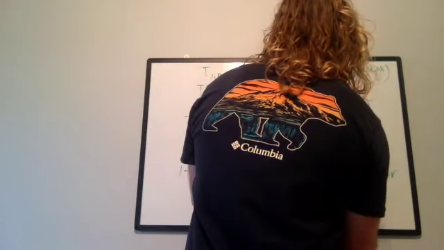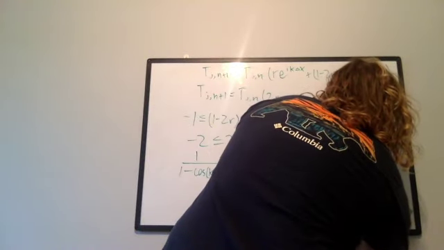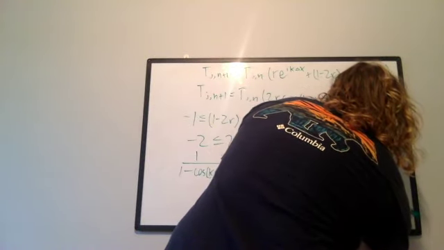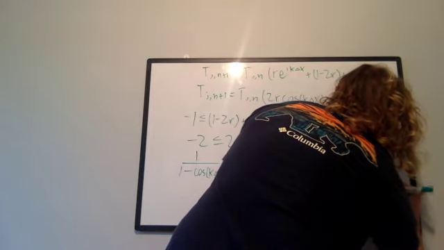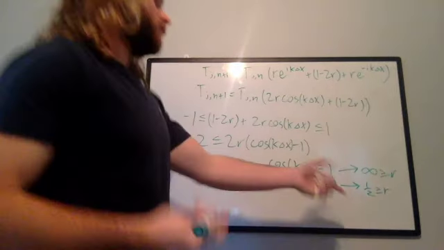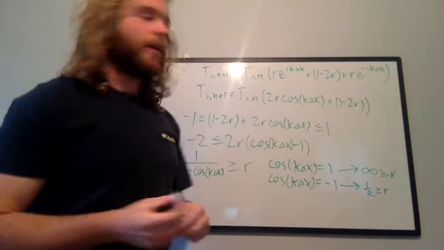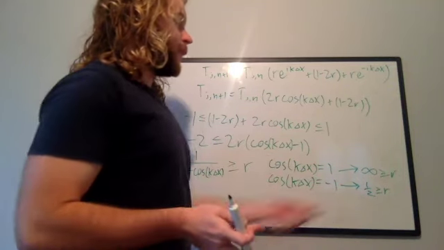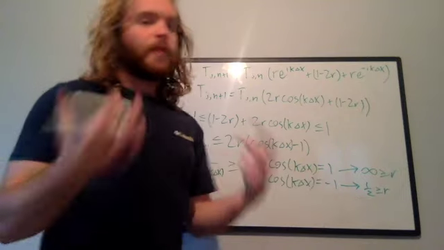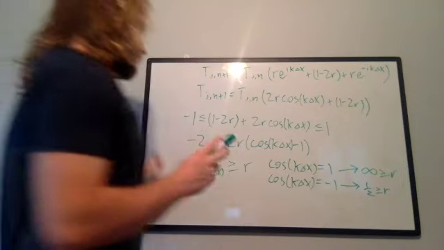All right, so when we have cosine equal to negative 1, we know that r is going to have to be less than or equal to 1/2, right? And which makes sense. This is the time step that we had in our last video. And once we made that time step greater than 1/2, things became a little wonky, right?